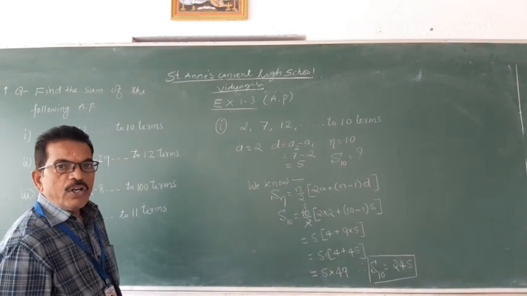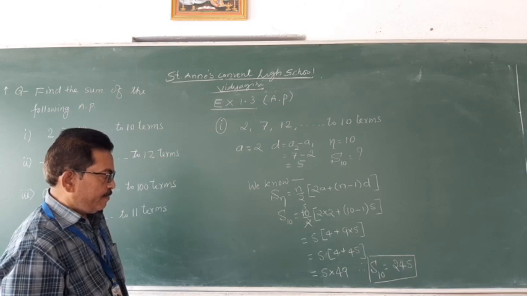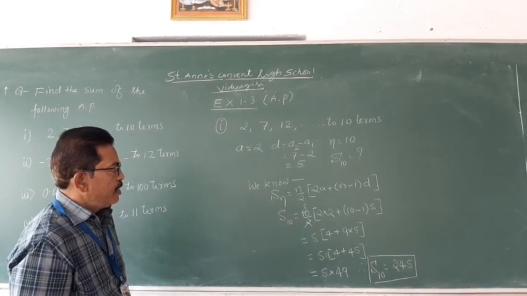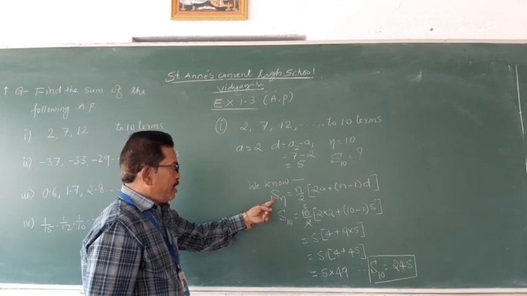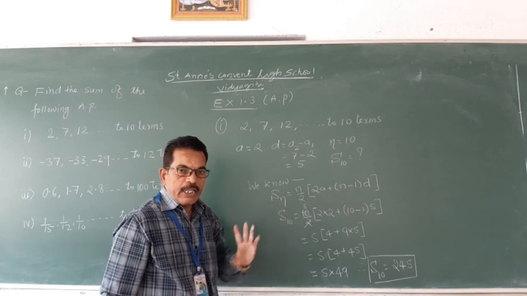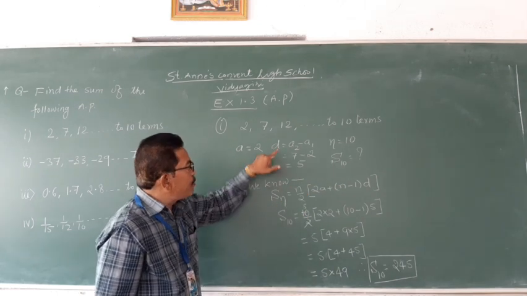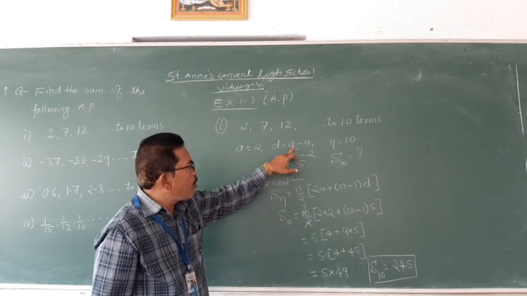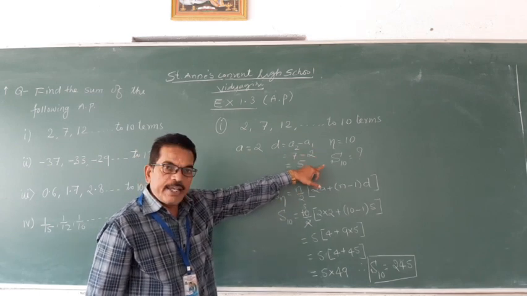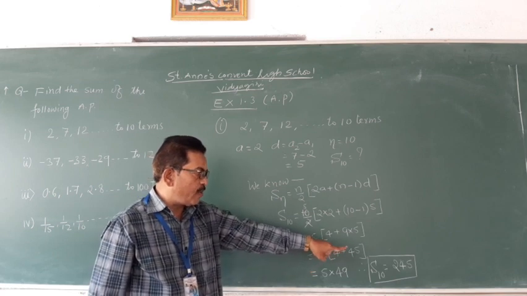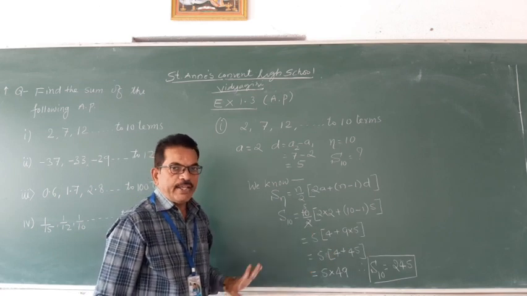S10 equals 245. Observe the solution. Apply the formula Sn equals n by 2 (2a plus (n minus 1) into d), then substitute the values obtained: first term 2, common difference 5, n is 10. After simplification, you will get S10 equals 245.